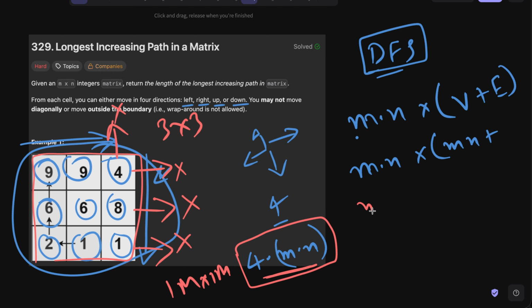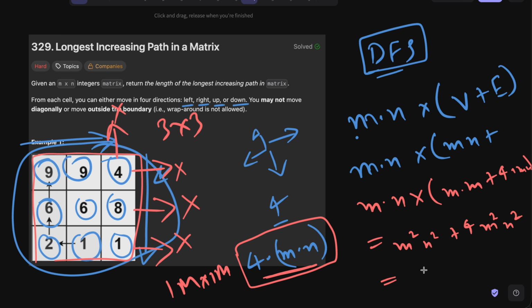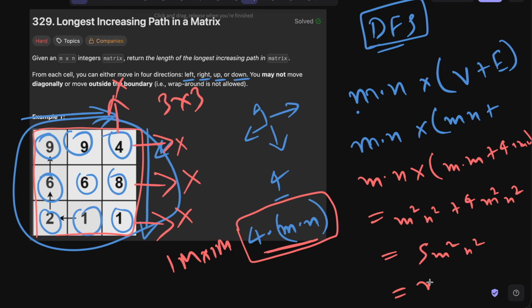So we will have here m multiplied by n multiplied by m multiplied by n plus 4 into m multiplied by n, which is going to be equal to m square n square plus 4 into m square n square, right? Which is going to be equal to 5m square n square, which is going to be m square n square in big O notation because we can remove the constant.